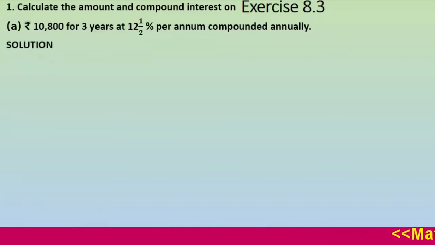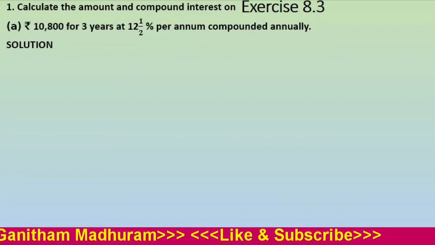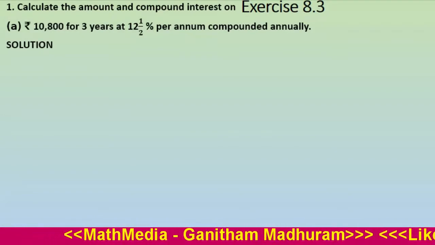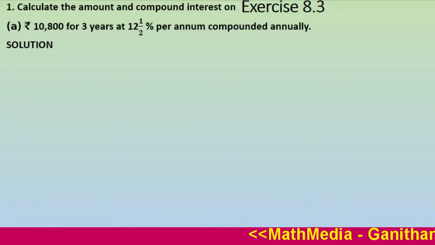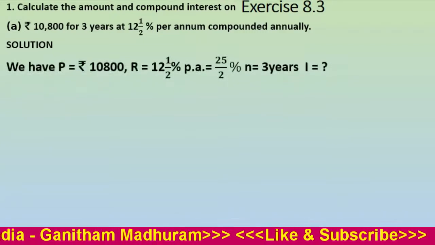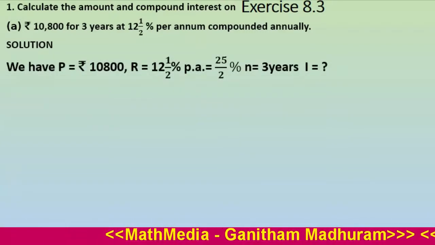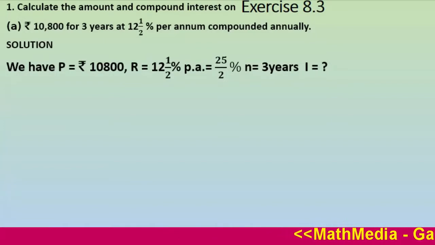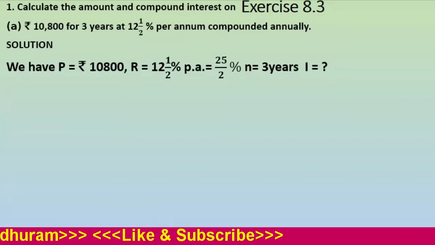First of all, what is given in the question, we have to write first. Compound interest on rupees 10,800 means P equal to rupees 10,800. 3 years means N equal to 3 years.